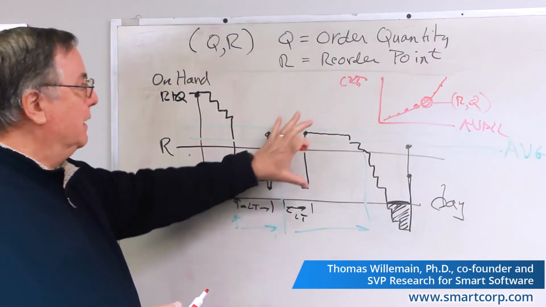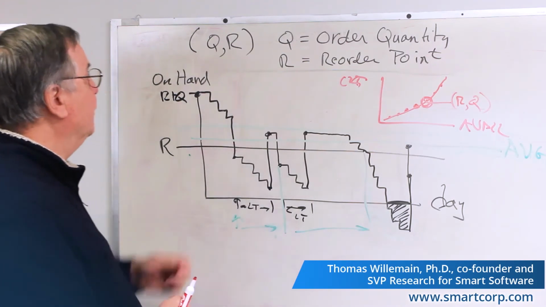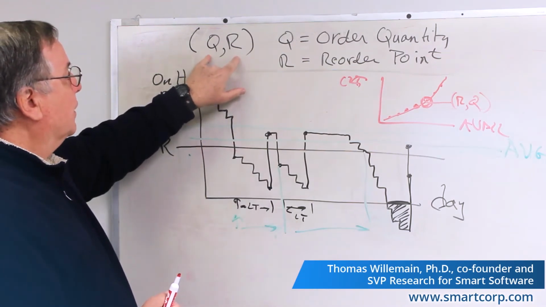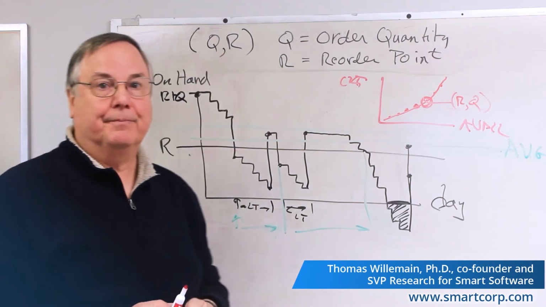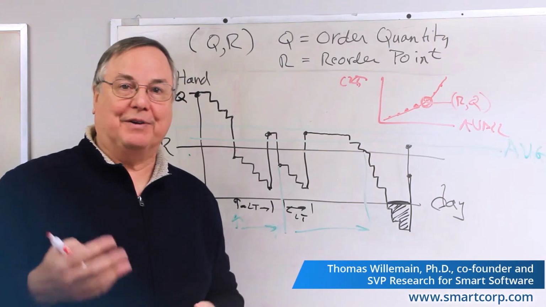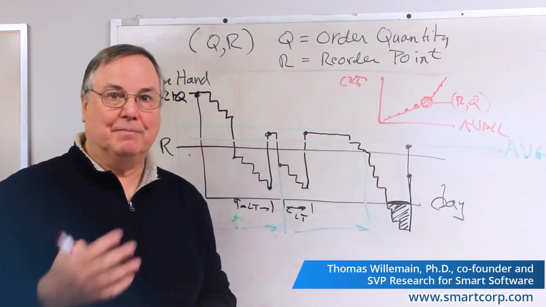So that's how we would analyze the second of the three policies, which is a continuous review with a reorder point and an order quantity. And the next is the final of the three, which is going to be what's called a min-max policy.